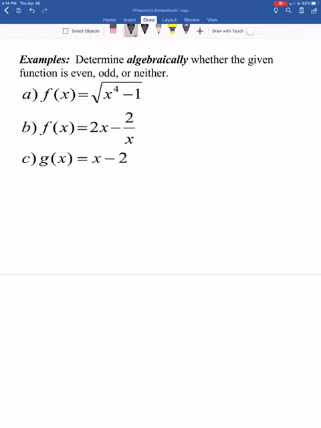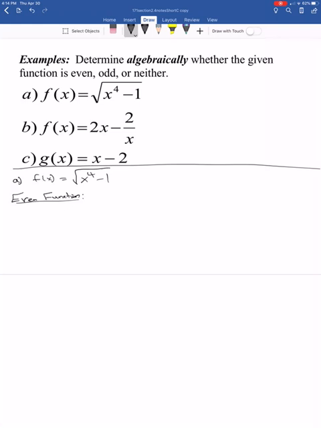We'll start with example A, and we'll do our work down here below. In A, I've got f of x equal to the square root of x to the fourth power minus 1. Now with that said, let's see if it's even. Is this an even function? I'm going to start with the even test first.